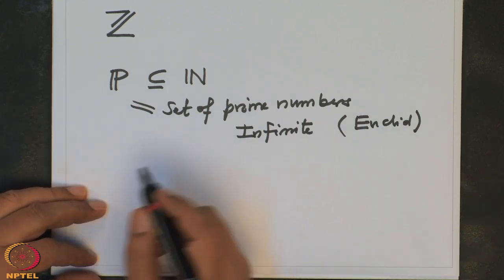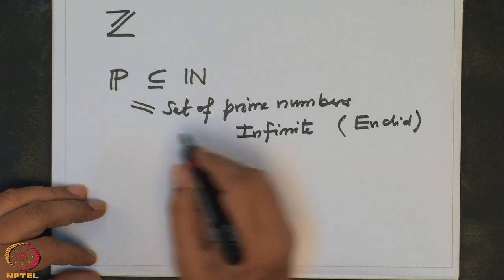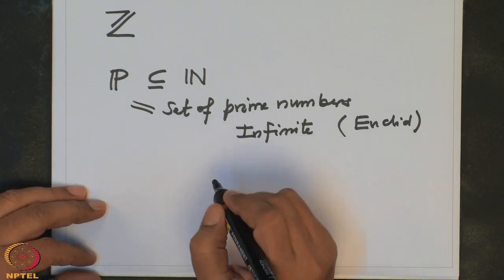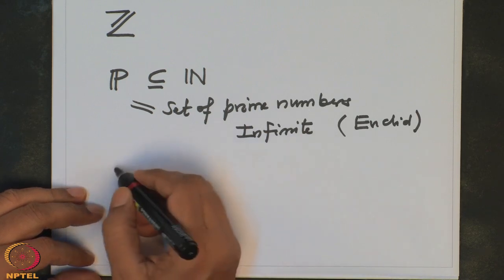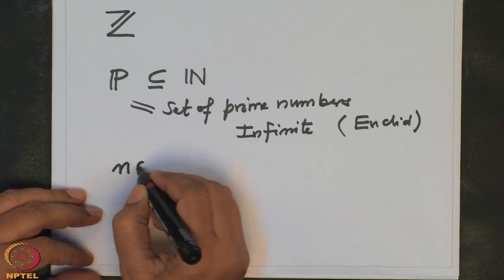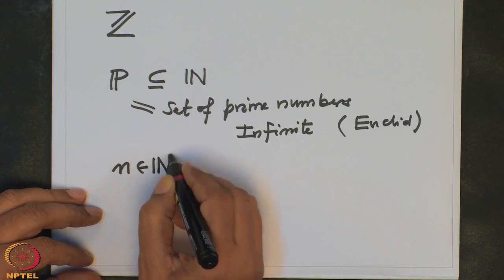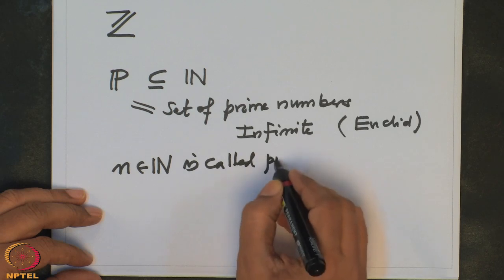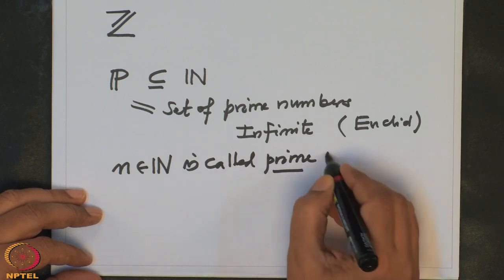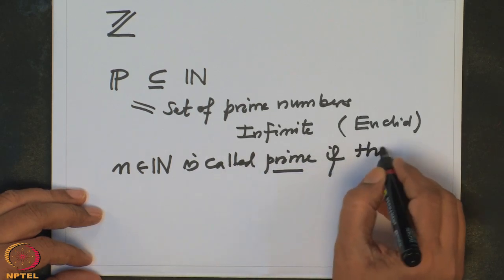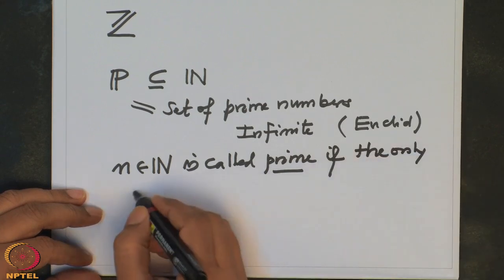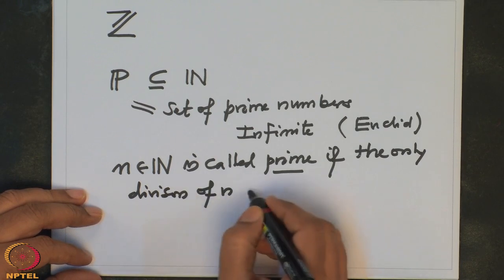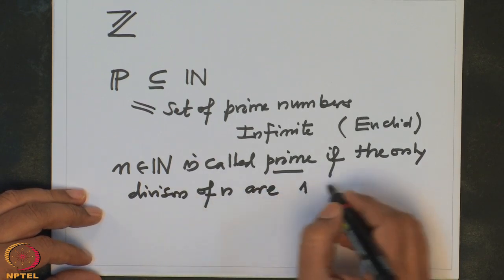And what was the definition of a prime number? A natural number n is called prime if the only divisors of n are 1 and n.